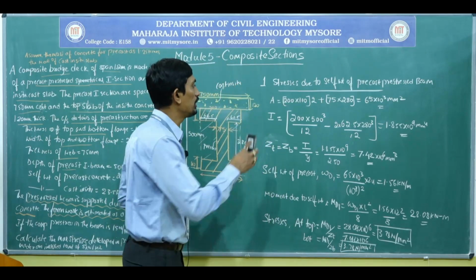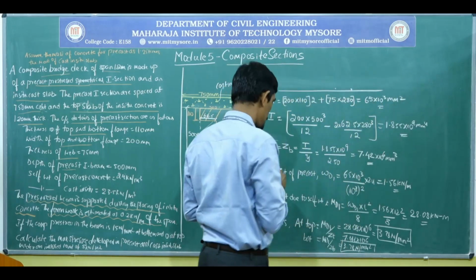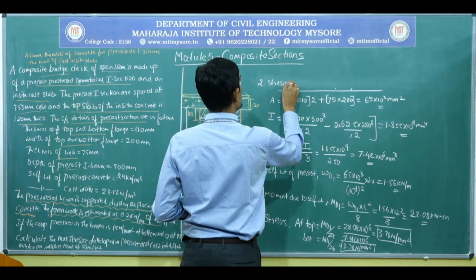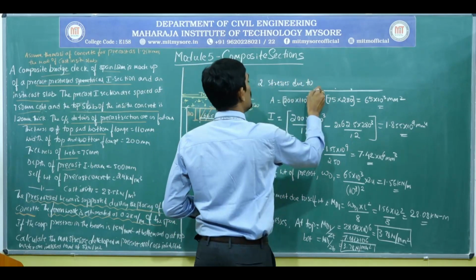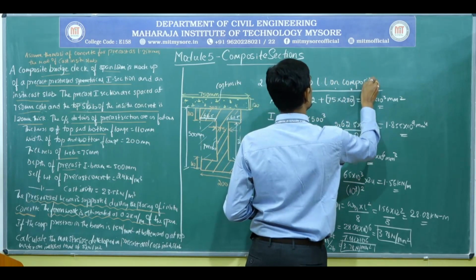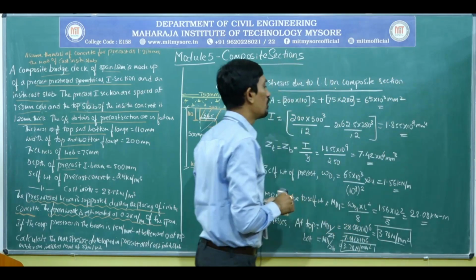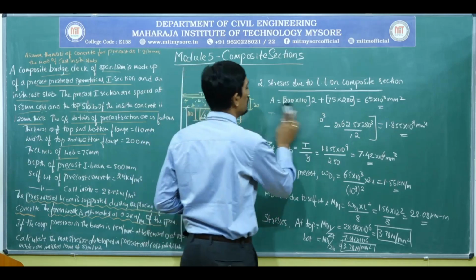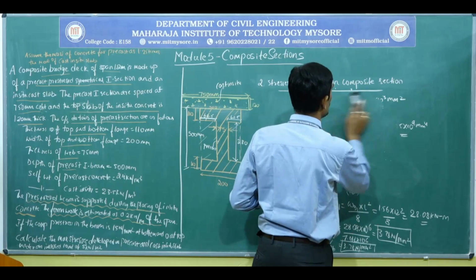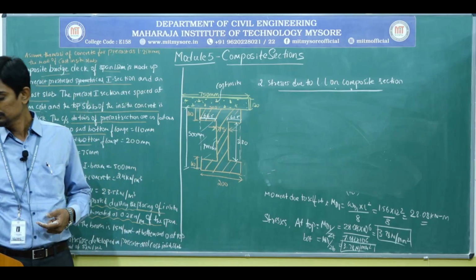So hence, what I am going to do here is, first I will calculate the stresses due to the live load on the composite section. Because without knowing the dimensions of this, I cannot go ahead with the calculation of stresses for cast in situ.